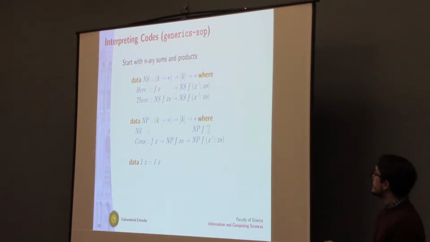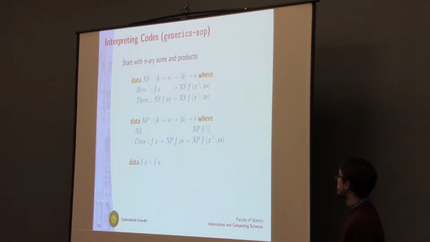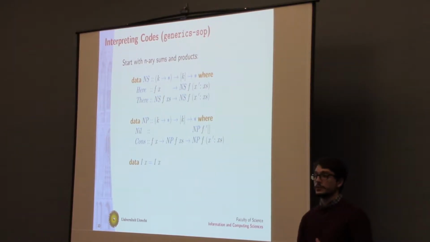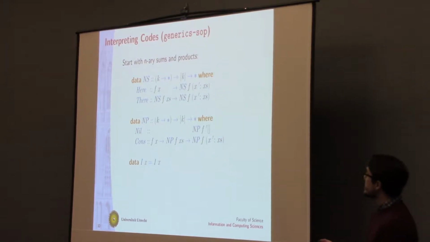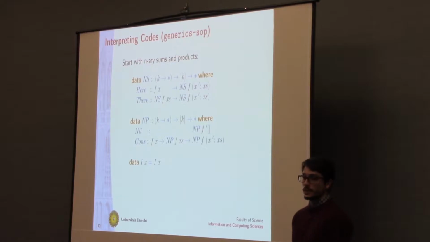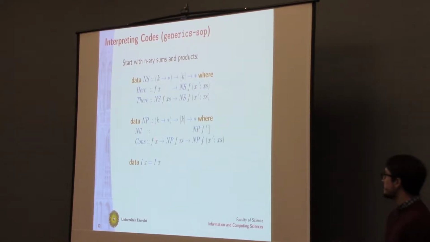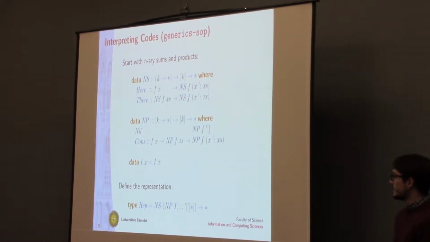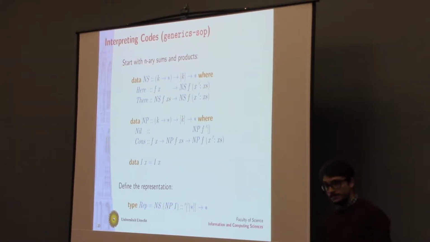So the choice of here and there basically simulates the choice of constructor you had, and an NP is going to be used to map all of the fields of the constructor back to star, and we're going to be mapping them back to star with the identity functor. So this is the representation, which has kind list of list of star to star.